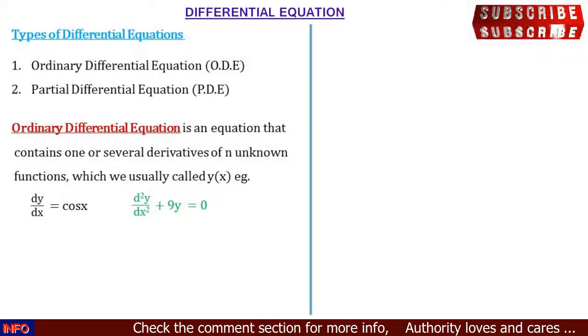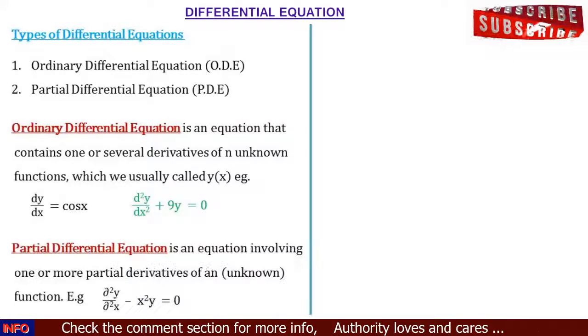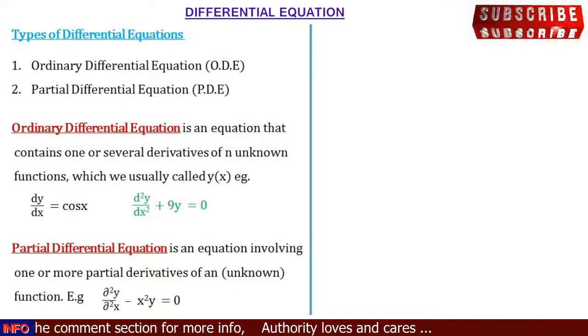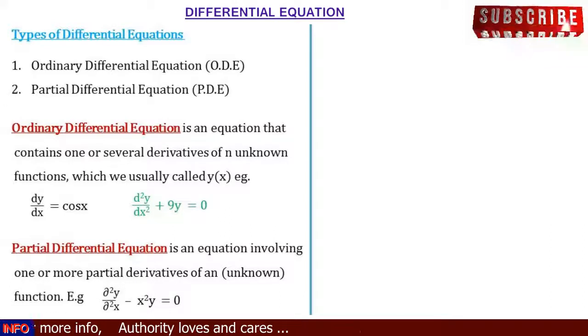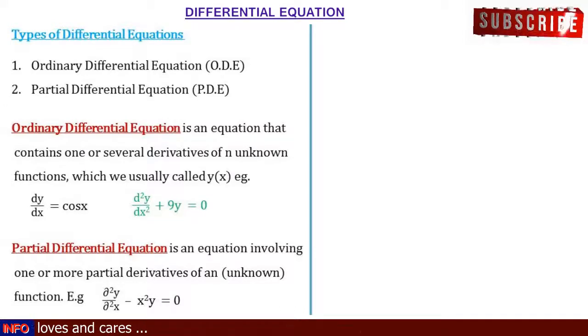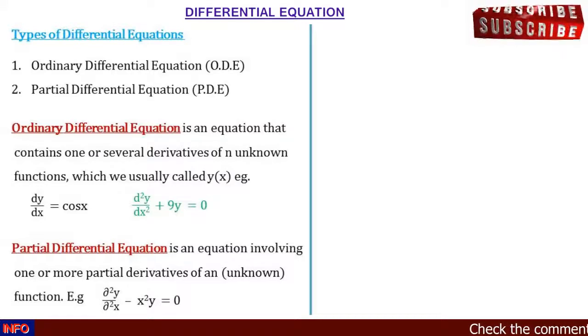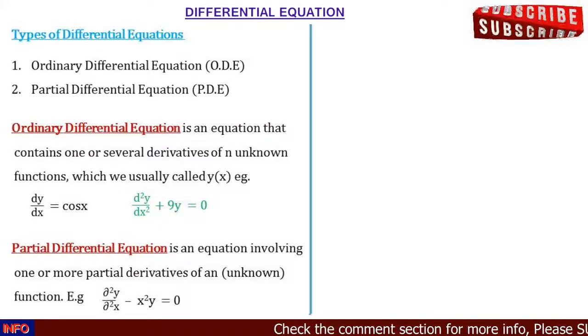When we talk about PDE, which is a partial differential equation, we mean an equation involving one or more partial derivatives of an unknown function, say u, that depends on two or more variables, often t and one or several other variables.